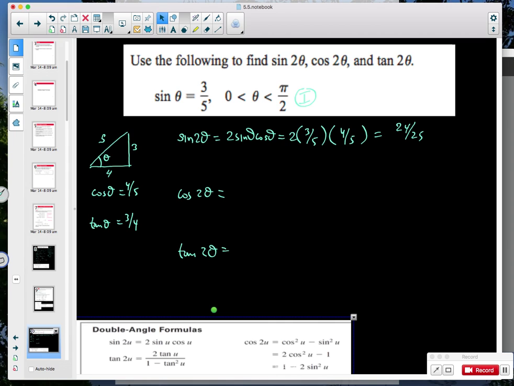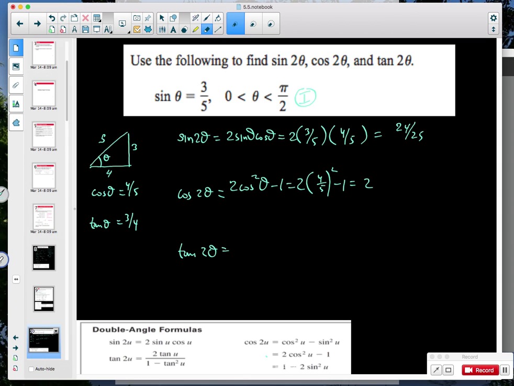Cosine 2 theta, I always like to use the second formula, so it's going to be 2 cosine squared theta minus 1. So it's 2 times cosine, which is what Amr said, 4/5, so 4/5 squared, minus 1.